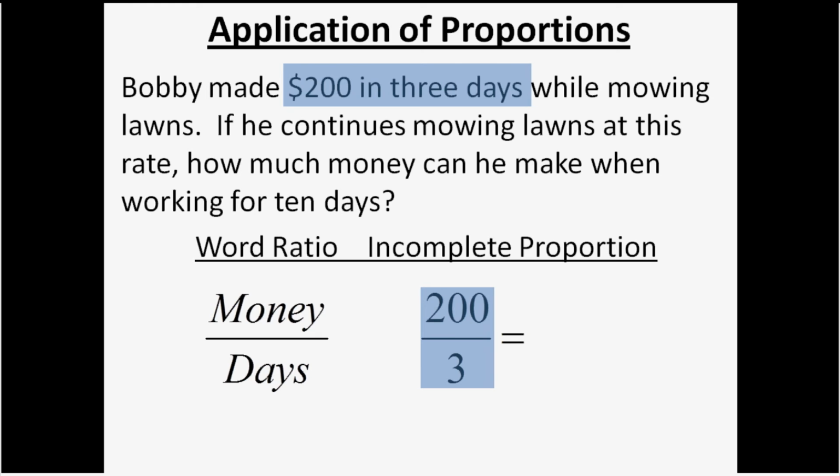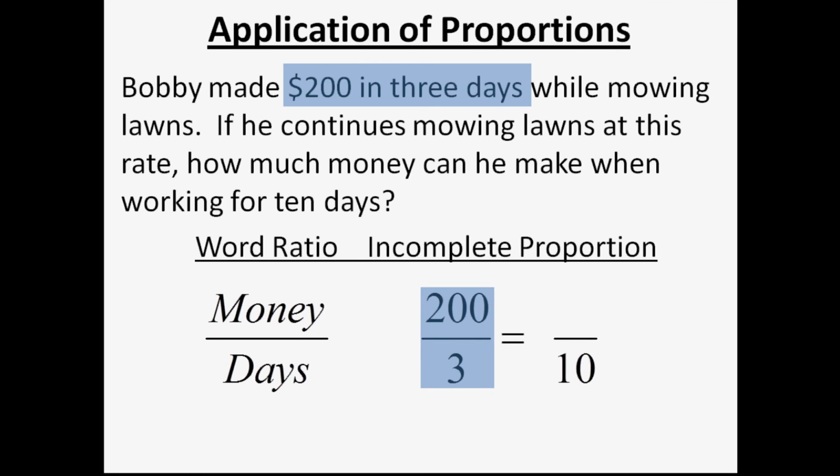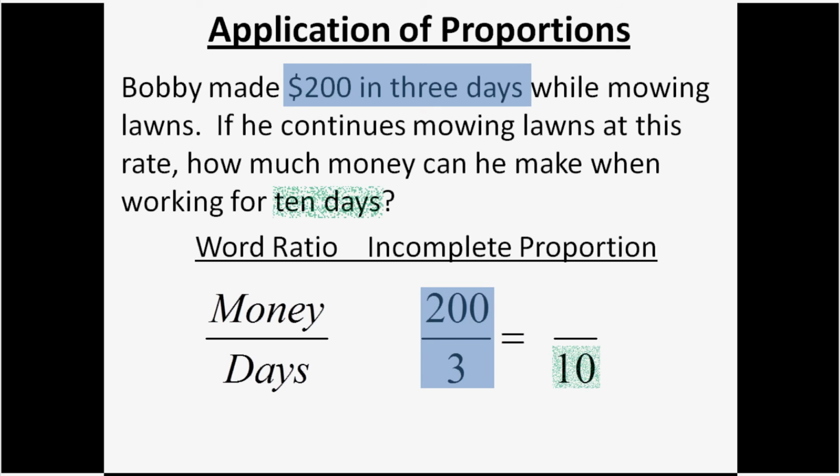That is our completed ratio. Now we're going to set up our incomplete ratio. We've got something over 10. The reason I've got 10 as a denominator is we're dealing with 10 days, and anything dealing with days is going to be in the denominator according to our word ratio. We said money to days, so we've got 200 to 3 equals blank to 10.